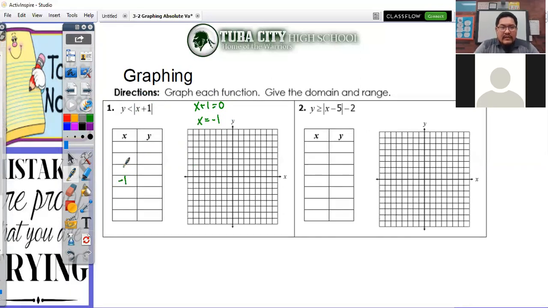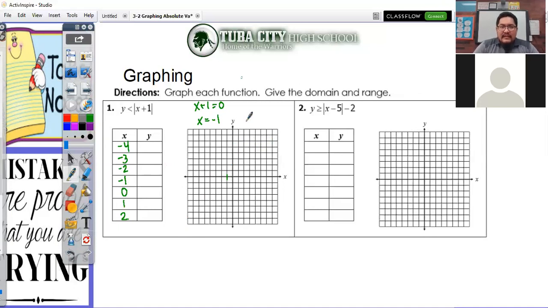So -1, and then I need to pick numbers that go below -1. So just kind of give me an idea. So that's going to be -2, -3, -4, and then 0, 1, 2. So that should give us enough of an idea to tell where this is going to be going.